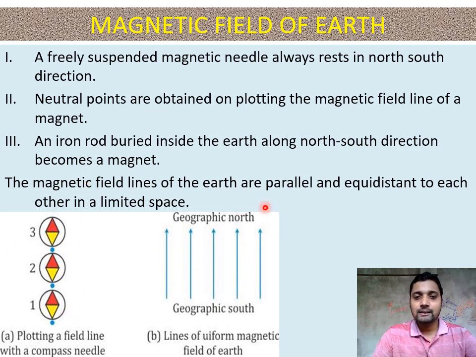So in a limited space we always get straight lines, parallel to each other. But when we take more space, we get a closed continuous path for the earth's magnetic field also.